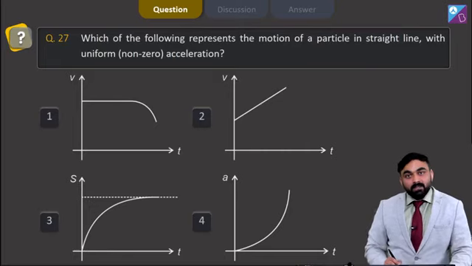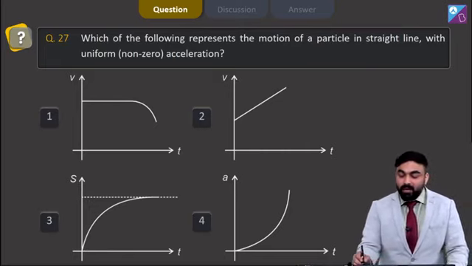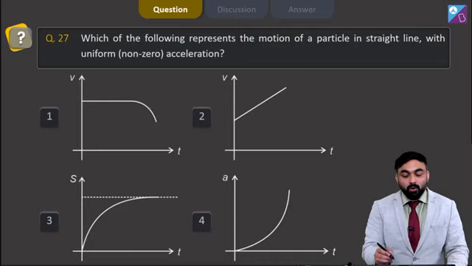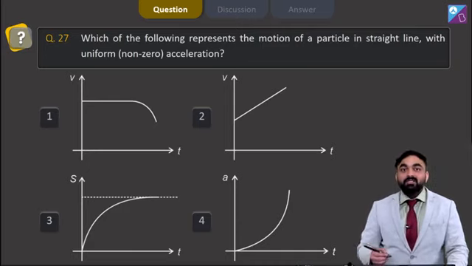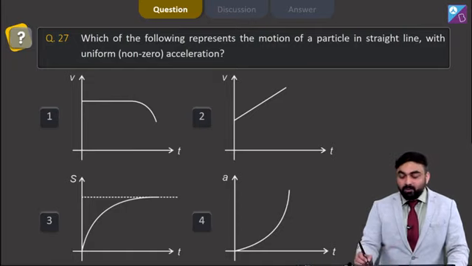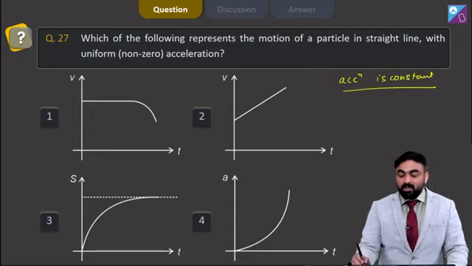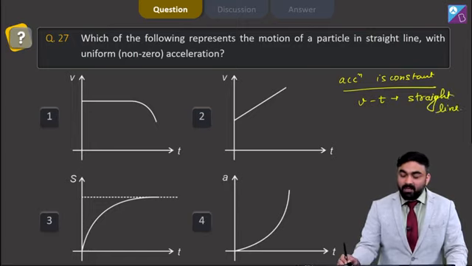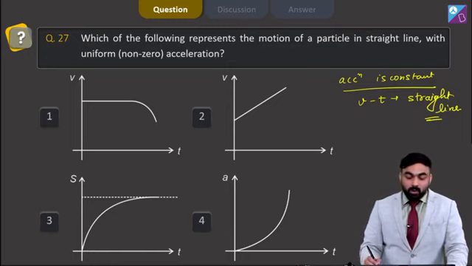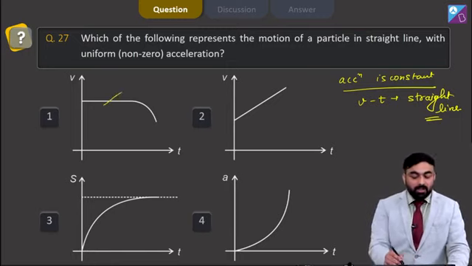Now question number 27 says, which of the following represents the motion of a particle in a straight line with uniform non-zero acceleration? So acceleration has some value which is not equal to 0. For uniformly accelerated motion we know acceleration is constant, and the v-t graph for constant acceleration is a straight line. But acceleration is not equal to 0, so here acceleration is 0 initially.